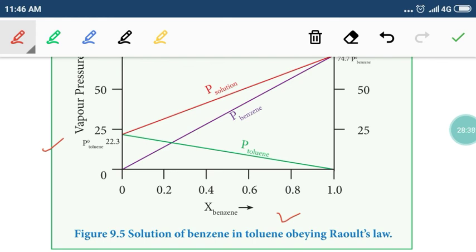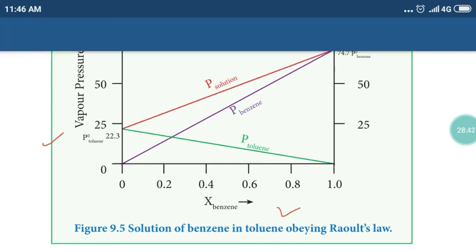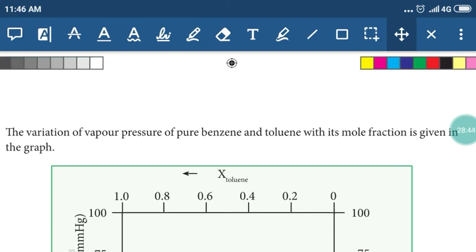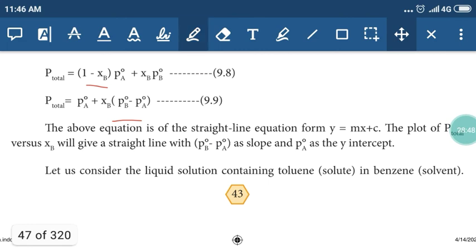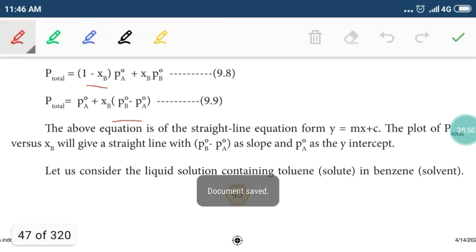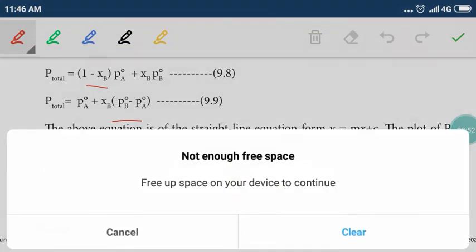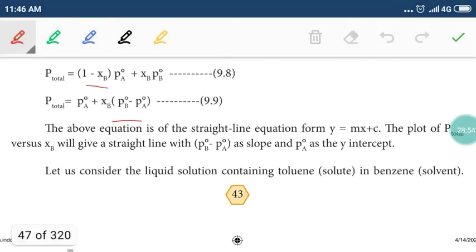So this will obey the straight line equation, y is equal to mx plus c. So from the straight line, we take a slope. The slope value is equal to PB naught minus PA naught, and the intercept value is equal to PA naught.